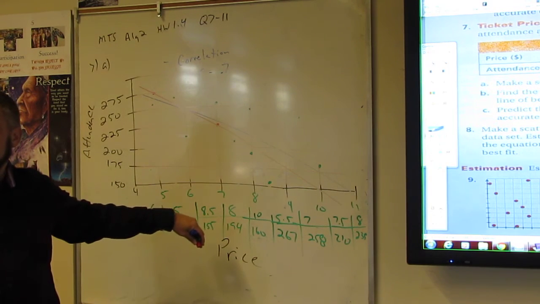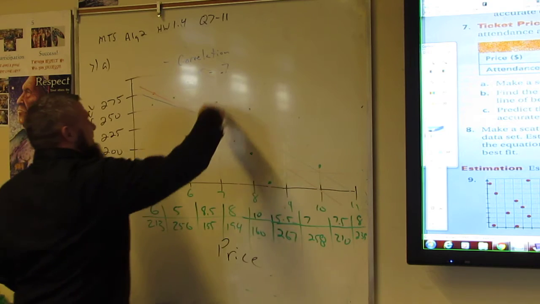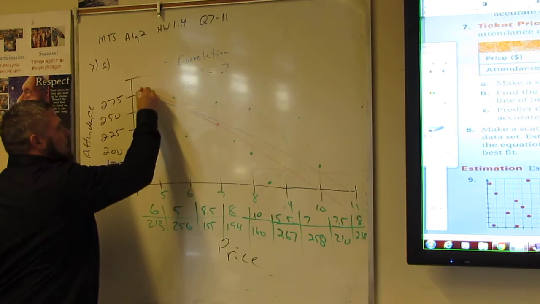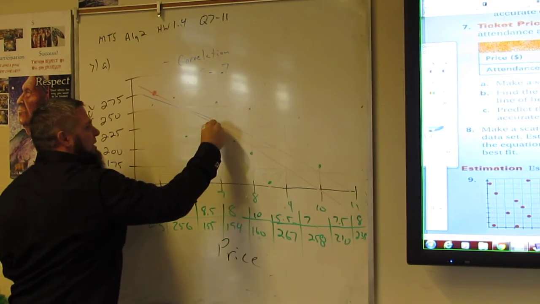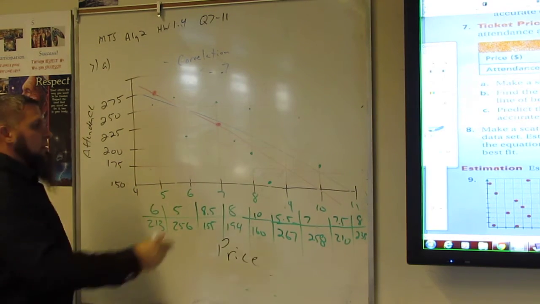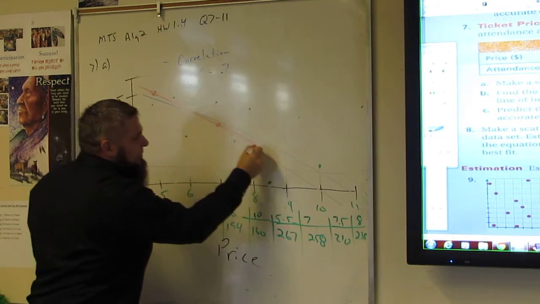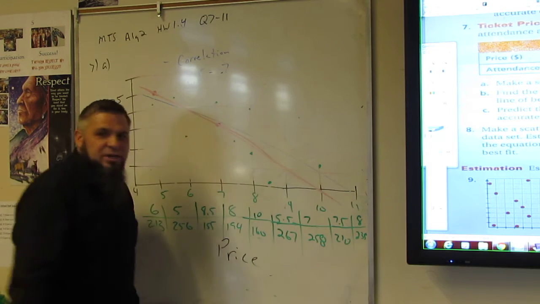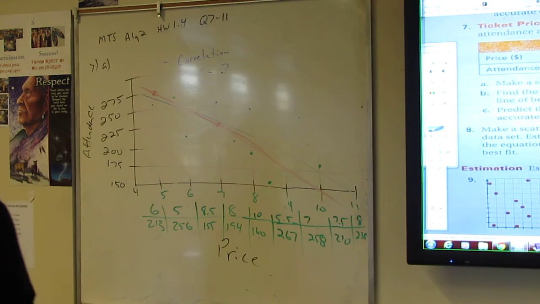Does that make sense? So this is still half above, half below. It's a nice line that goes through two perfect points, right? So this is a really good line to find an equation for.